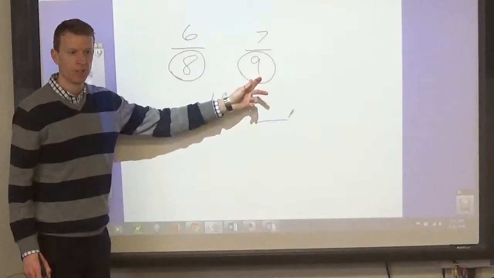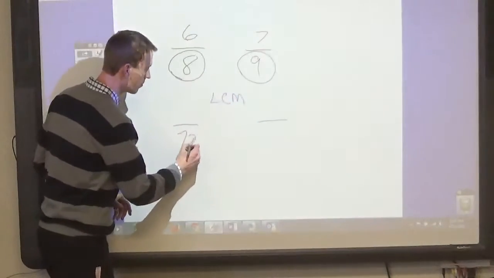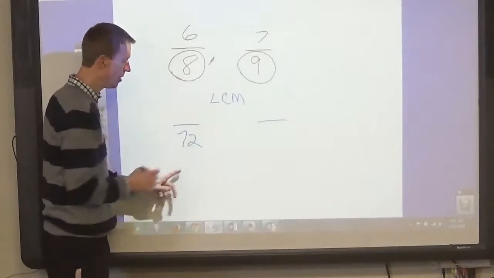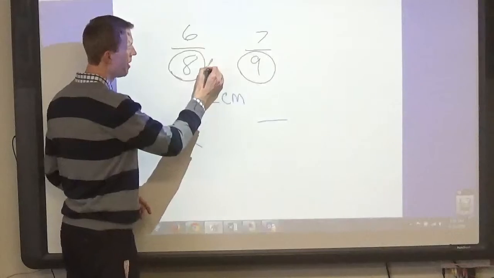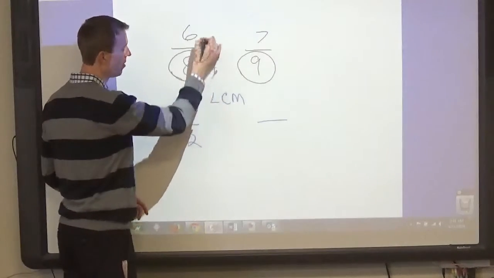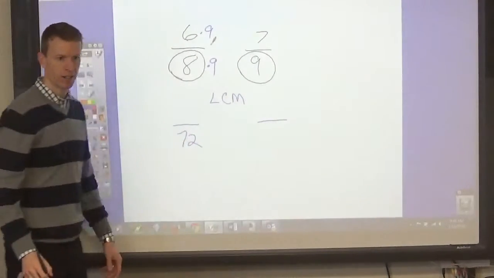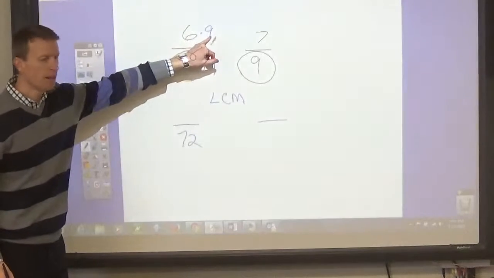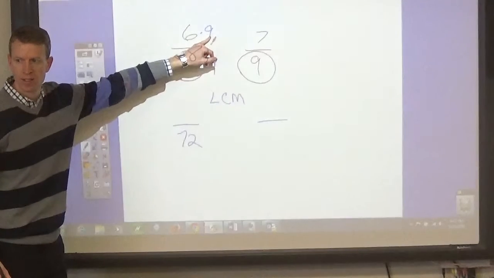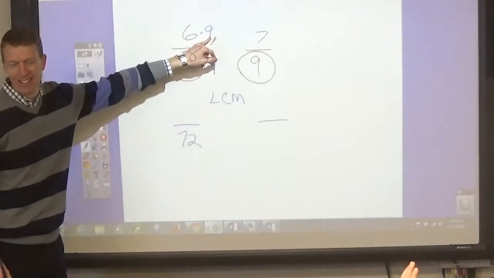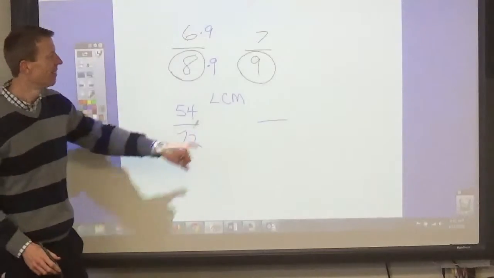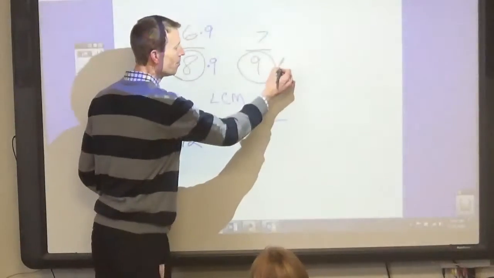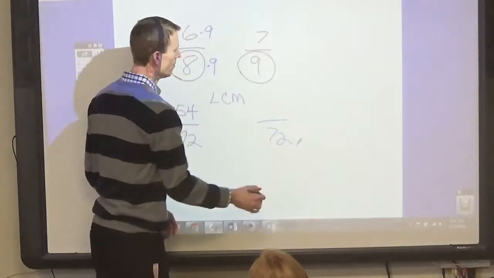Okay? So, how would we get 8 to 72? Multiply it by 9, and that's how you convert this fraction. Okay? So 6 times 9 is, oh come on people, 54. Okay, you gotta know these things. 9 times what is 72?